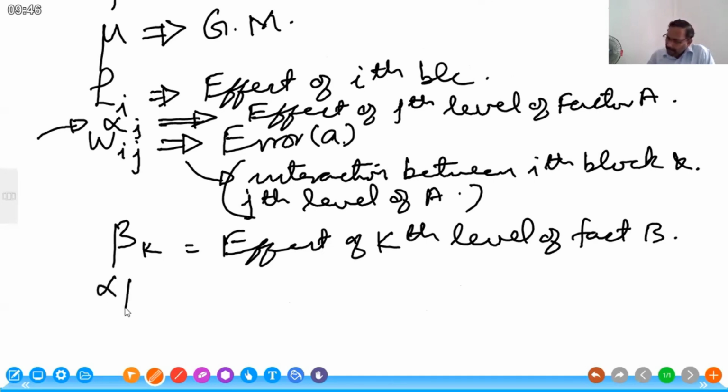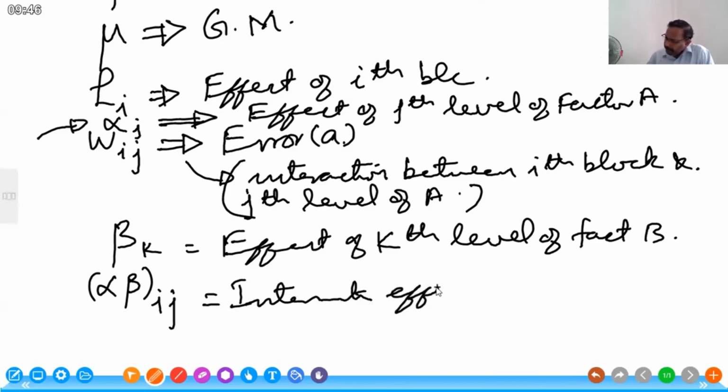Then what is alpha beta? We have already seen this, even in factorial. It is the interaction effect. It is not ij, right?